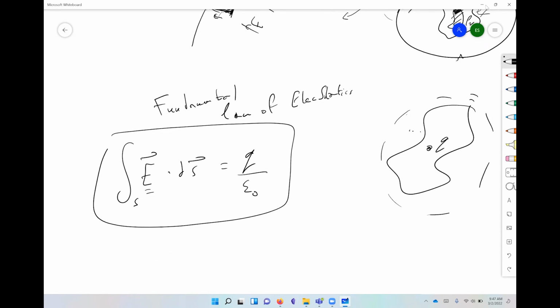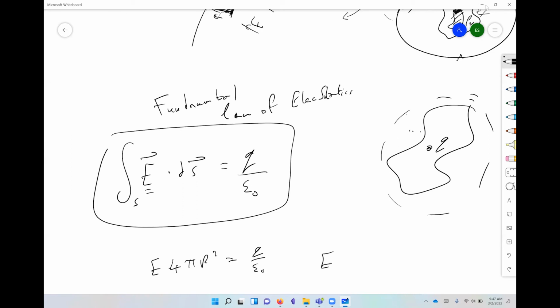E is going to be the magnitude of E times r hat. So E is going to be symmetrical. It's going to be just a function of r, right? So I can take this out. The integral of r hat dot dS over a sphere is just the surface area of the sphere. So it's going to be E times 4 pi r squared equals Q over epsilon naught.